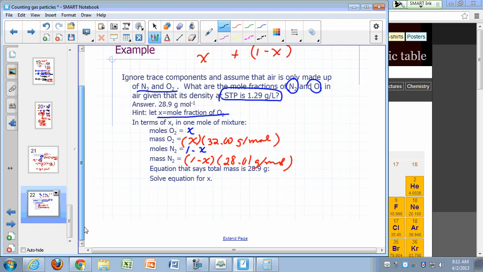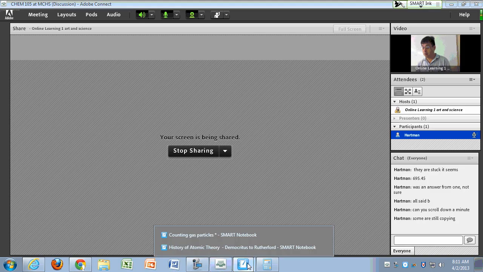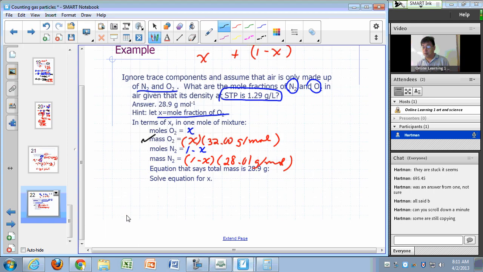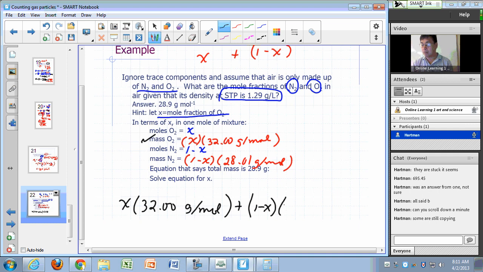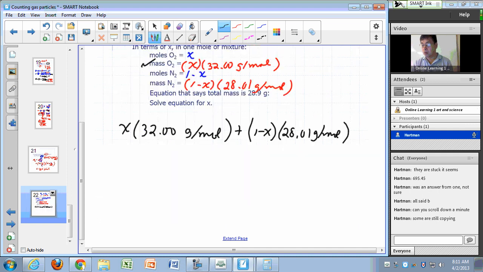In other words, the mass of oxygen, which is x times 32.00 grams per mole, plus the mass of nitrogen, which is 1 minus x times 28.01 grams per mole, must be equal to the total mass, which is 28.9 grams per mole.